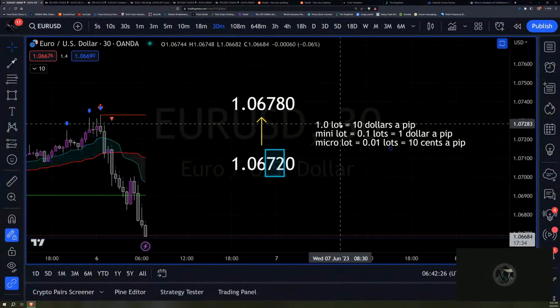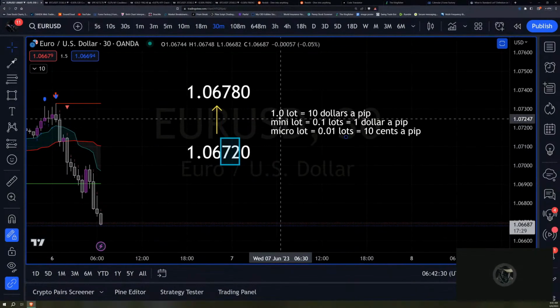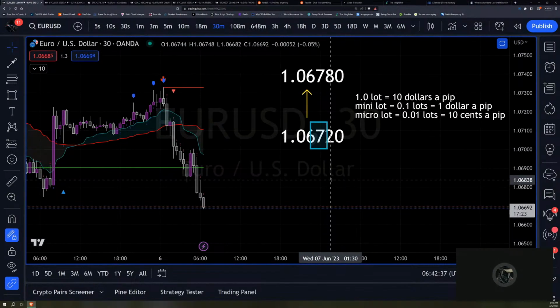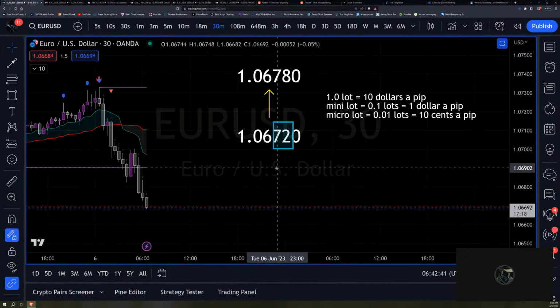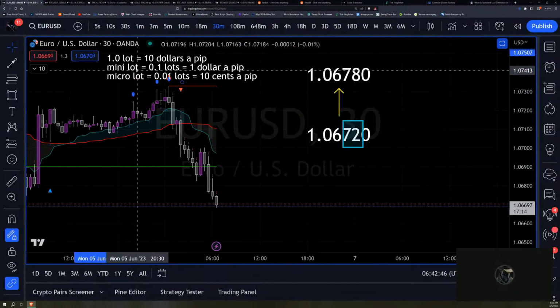And again, I haven't done this in a long time. So again, one lot, they call it a standard lot, is $10 a pip. So let's do a simulated trade here. Let me make this nice and neat for everybody.